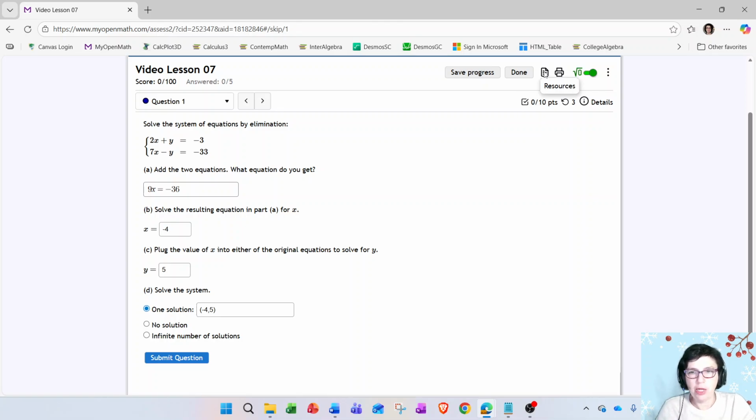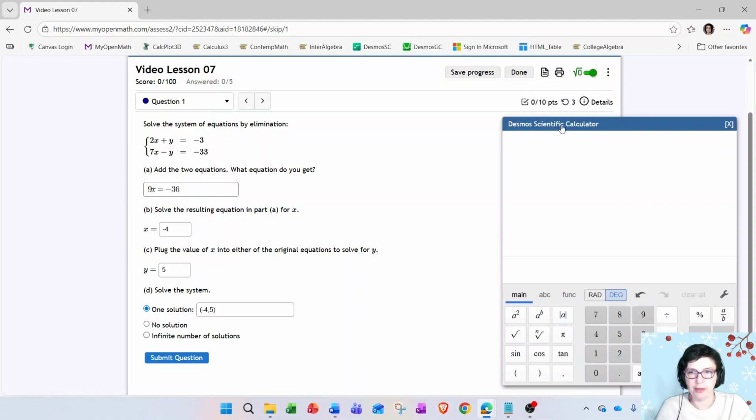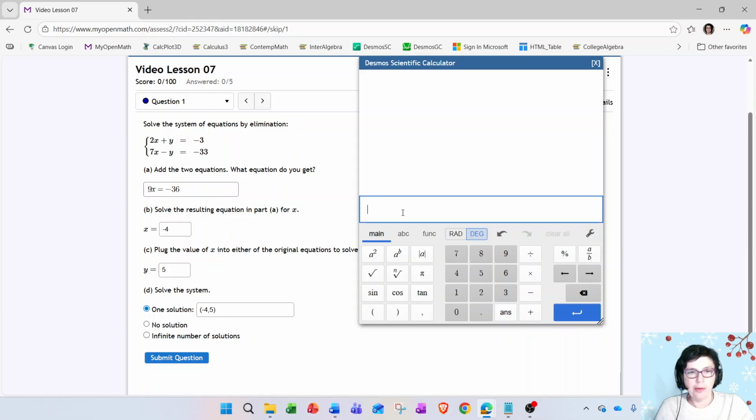Now, I always want to verify my solution. So if I'm on the test and I need to solve for x and y, how do I know this is correct? Well, I got the powerful tool, which is the Desmos Scientific Calculator, that's available. And what I'm going to do is substitute the x and the y value back into the equations. So how I will do that is first I'm going to type the left-hand side of each equation, okay?